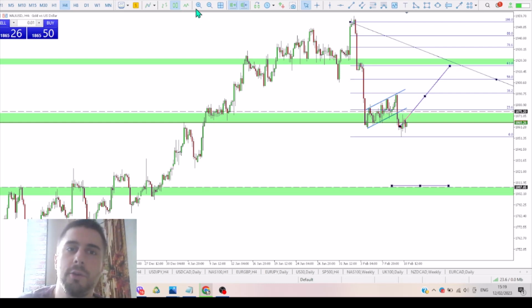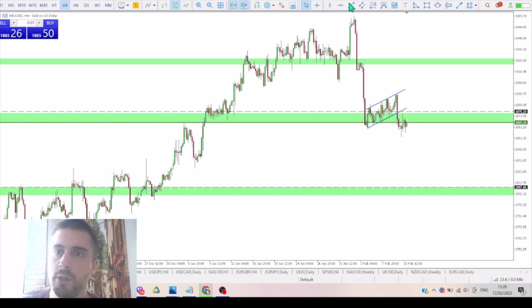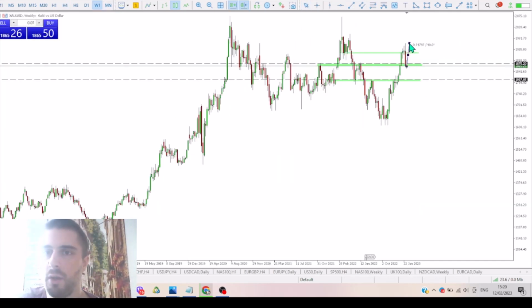And that is a potential scenario, and only then maybe we can get the breakout, maybe some retest, and go back bearish. Or we can continue just with the trend and chase the weekly highs, which you can see are much higher above the current price.